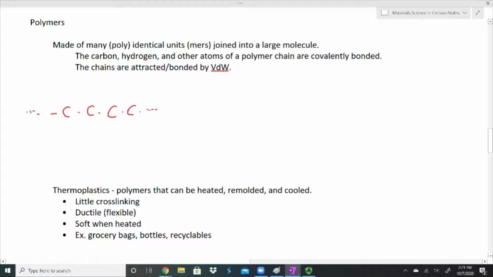What we're going to see, though, is off to the side, because remember, carbon is going to have 4 bonds. 2 of them are used up by bonding to neighboring carbons, but the other bonds are going to be something else. Right now I'm just going to put an R here, but they can be really any molecule or any atom that it can bond to. Sometimes they're simply just a hydrogen.